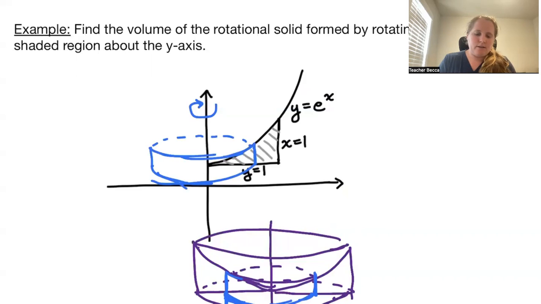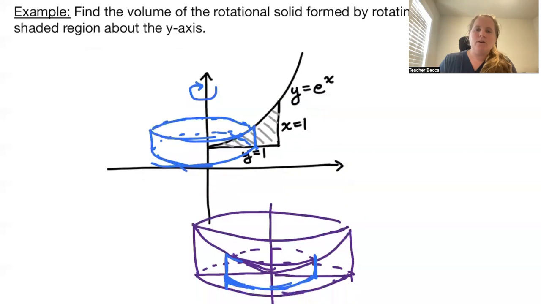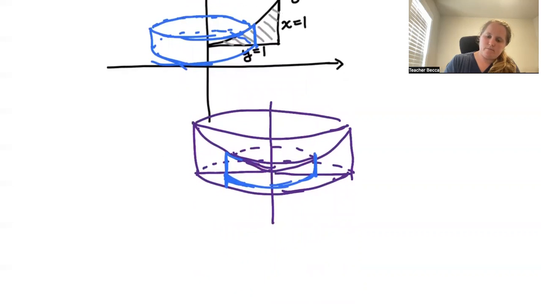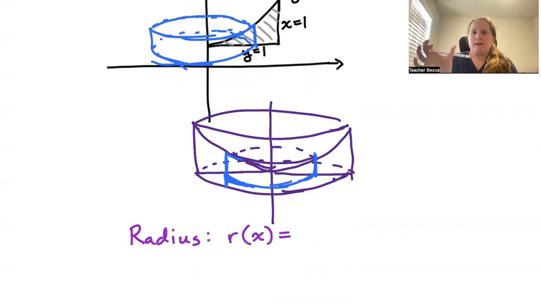So we're looking at a cylinder, which is just a vertical line through our set region rotated around the y-axis. And then we give it thickness dx. So our radius here is just r of x equals x minus 0, otherwise known as x.